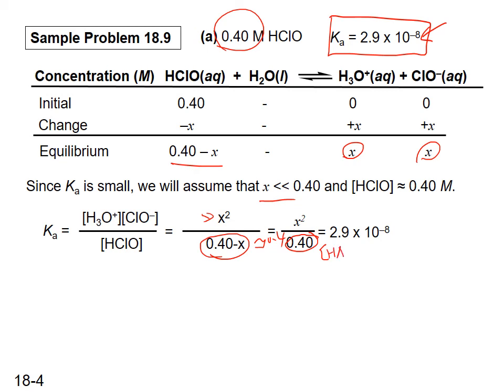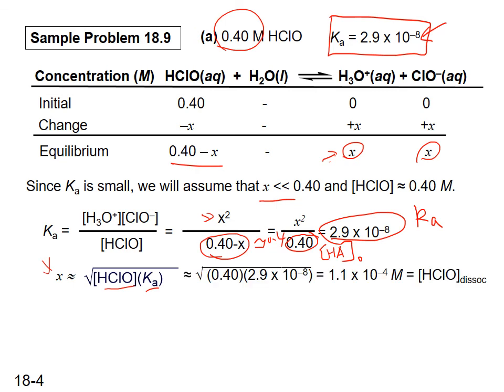So if A is the acid, that's the initial concentration times Ka, and we have this equation: X equals square root of initial concentration times Ka, and that's the equation we already showed before. For a weak acid, when the acid constant is small, that is the hydronium concentration. In this case, the hydronium concentration is also the dissociated acid.